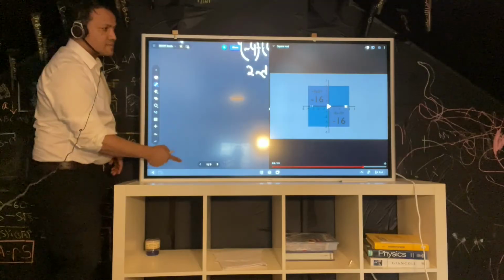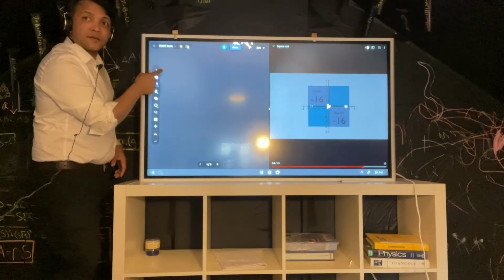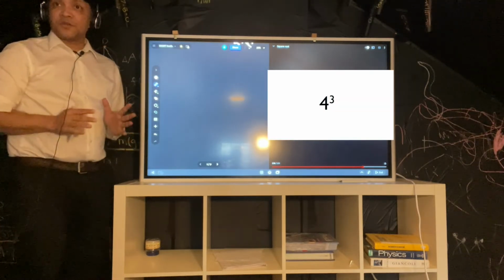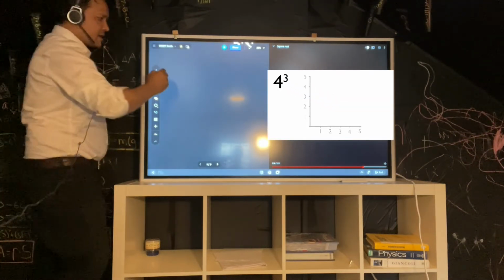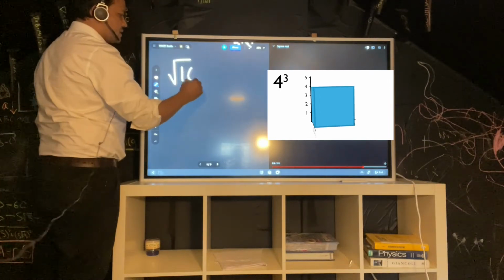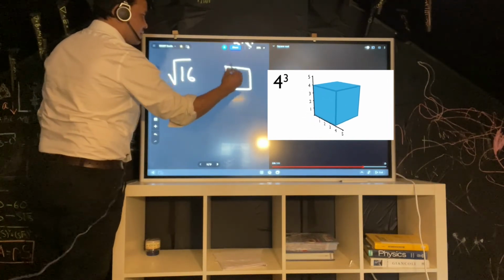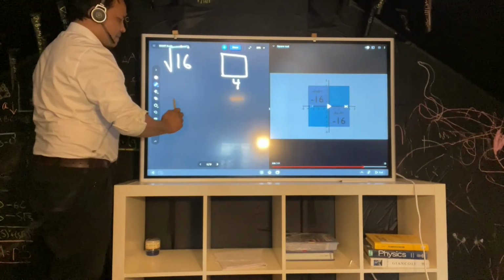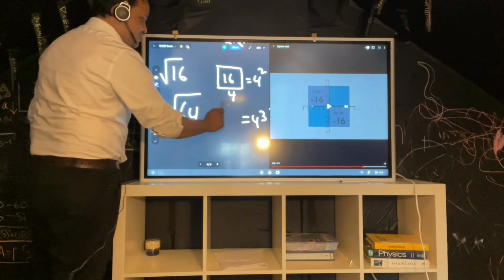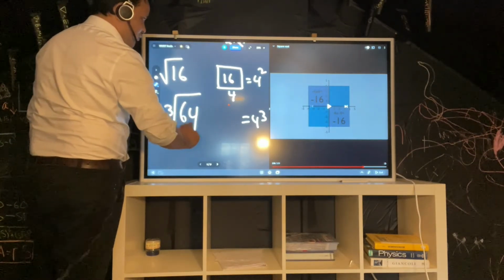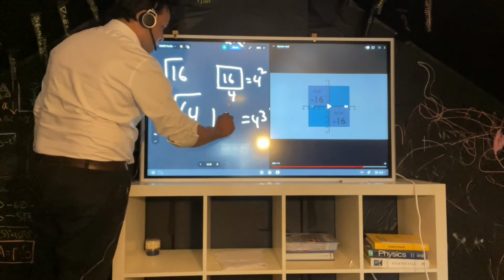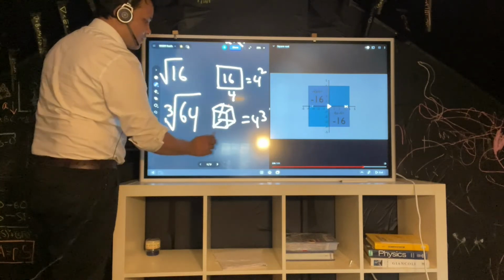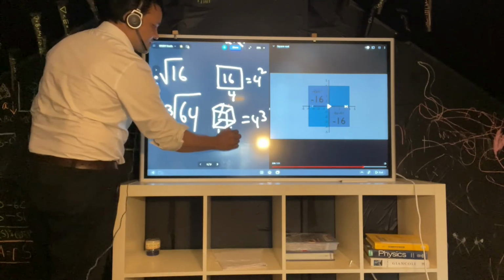Showing it. But the cubic root, I wrote of that. If the square root is connected to the square, is the cubic root connected to the cube? A good question. The student asked if the square root is connected with a square whose side length is 4, then there will be a geometry that looks like, I don't know whether I can draw the cube, whose side length is 4, 4, 4.